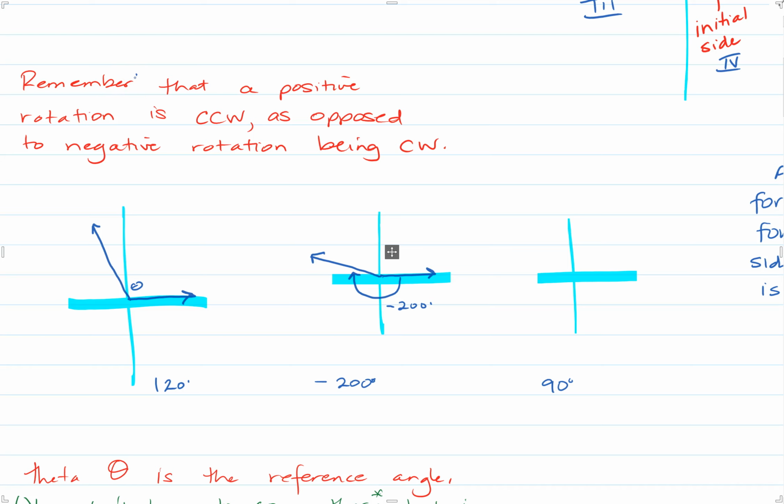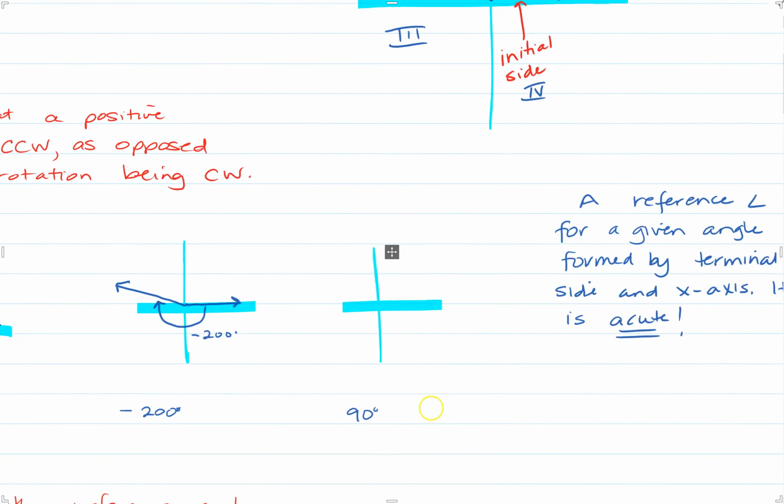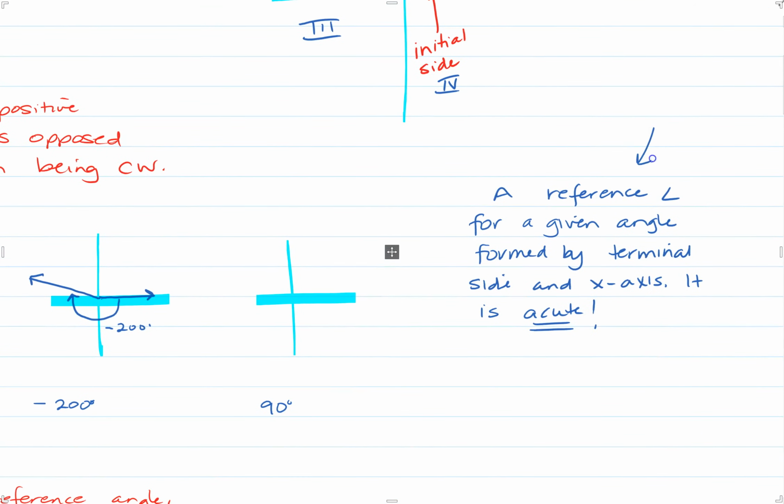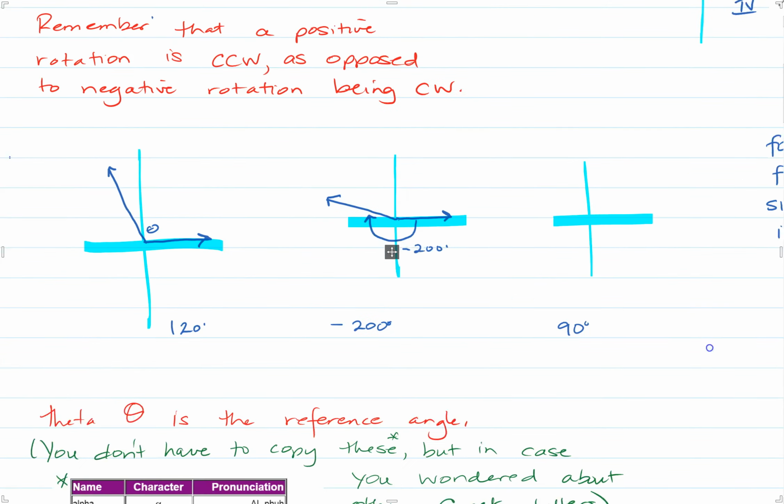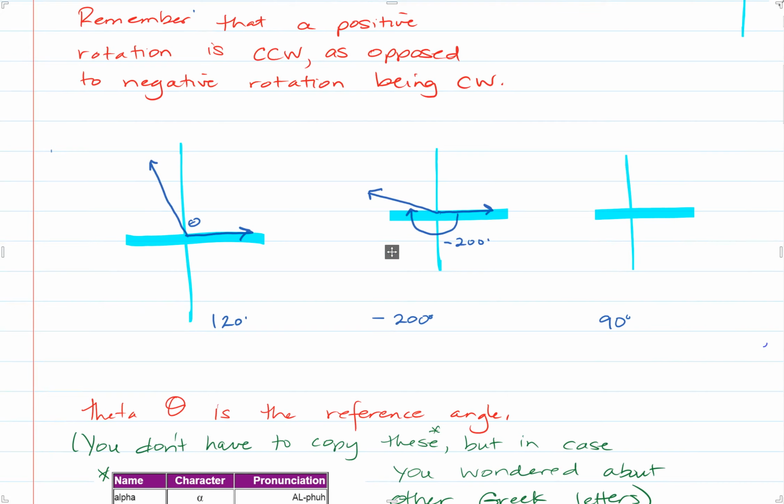The next thing I want you to do is write down this. A reference angle for a given angle is formed by the terminal side and the x-axis. It must be acute. Let me give you an example. If I graphed this 120-degree angle, what's the reference angle?